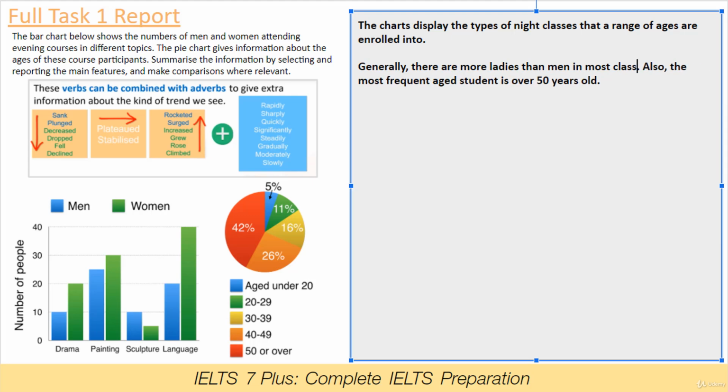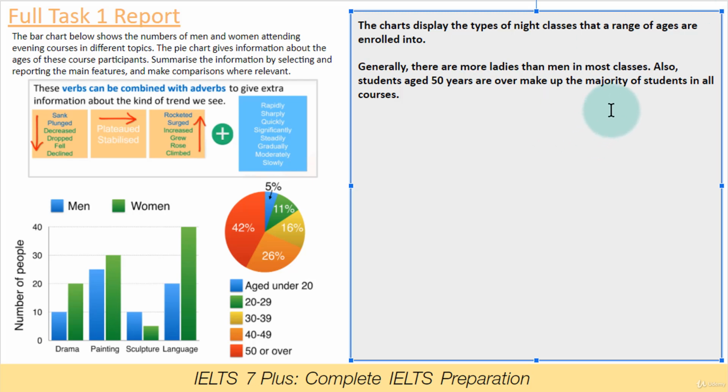Ooh, apologies. Also, the most frequent student, I think I need to rephrase this. Also, the most frequent aged student. Also, the students aged, I think we need to rewrite, 50 years or over, make up the majority of students in all courses.